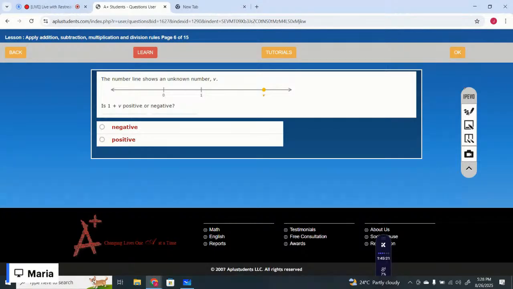So positive it is. Option number 2 is the correct option.